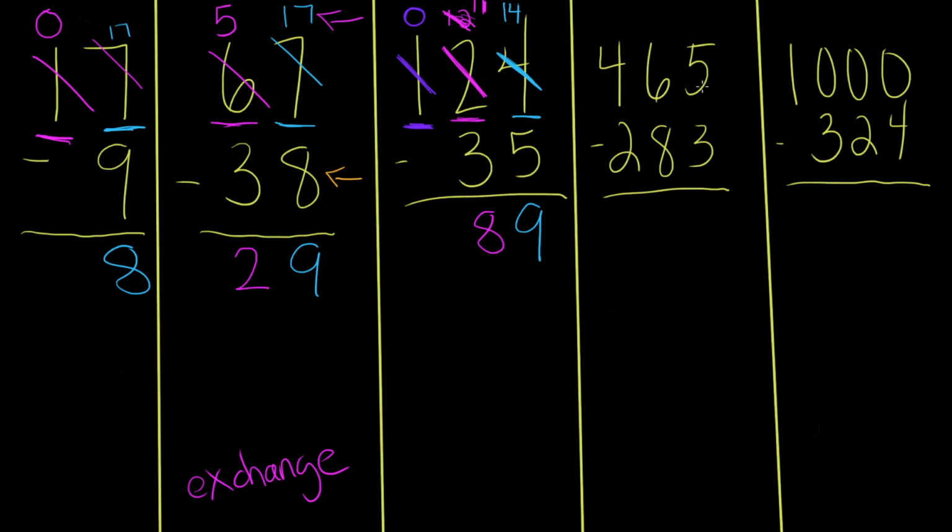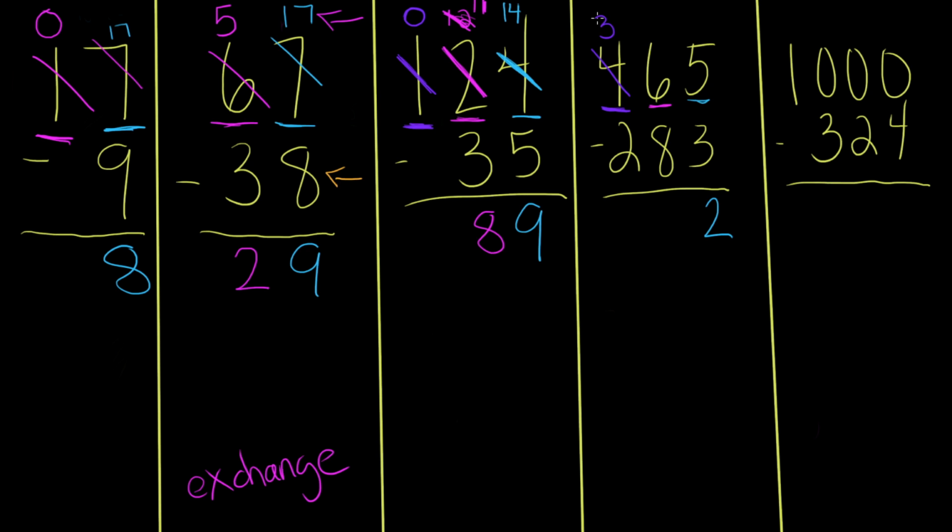5 minus 3, can we do 5 minus 3? Yes, we can. That's going to be 2. Go to the tens place. Can we do 6 minus 8? No, we can't. Okay, so we need to go to the next place value. We are in the hundreds place. We're going to exchange from the hundreds place. We're going to take one of those hundreds, so we only have 3 now.